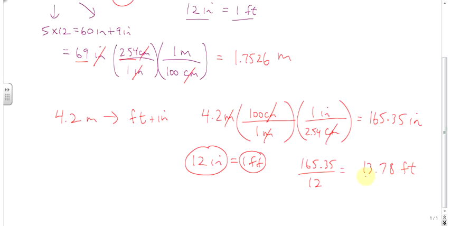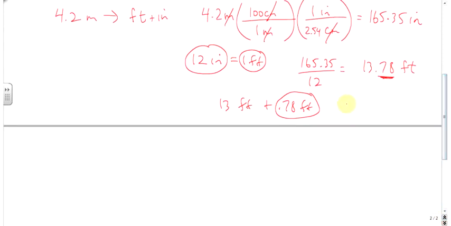It's 13 feet and 0.78 feet. That's one way to think about it. I don't want feet and feet. I want feet and inches. How many inches is this? Well, we can convert that, because I know there's 12 inches in 1 foot.